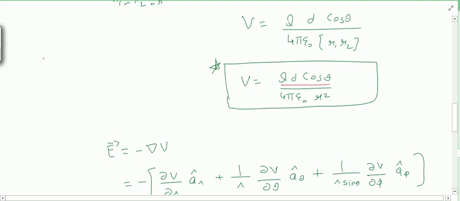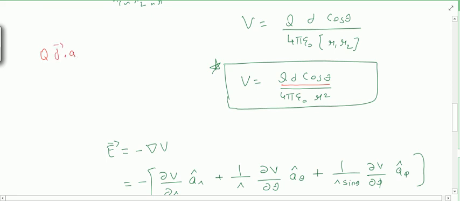This is q d cos theta, and if you remember the dot product, suppose q d dot a r cap, if I write q dot d a r cap, because d vector is for a charge going in the radial direction.